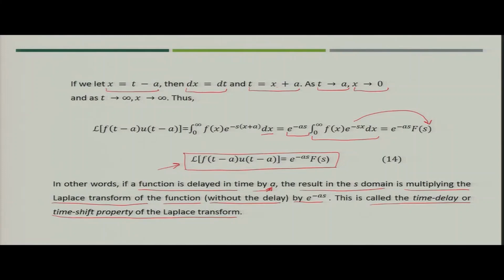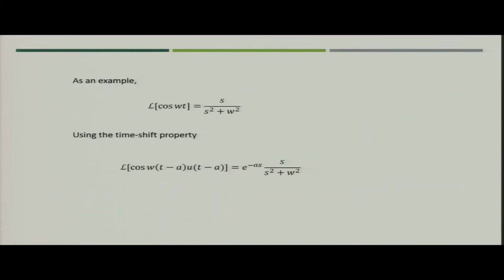So, with this, let us take the example of the Laplace of cos omega t. You know that we discussed that the Laplace of cos omega t is s upon s square plus omega square. Now, if you are asked to find out the value of cos of omega t minus a, what you need to do?